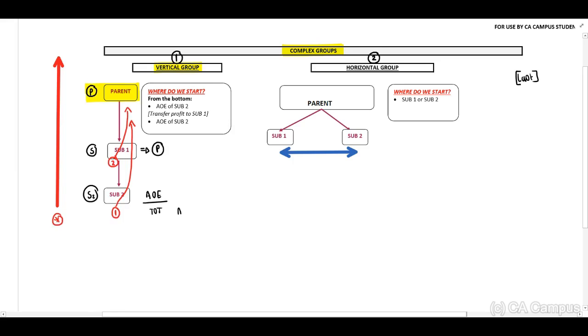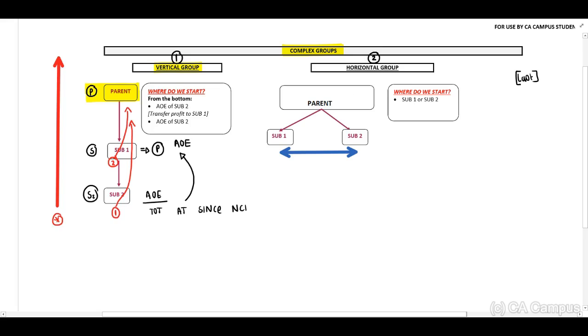You will have the at acquisition, your since acquisition column, and your NCI column. Okay. Now, do you then agree with me, guys? We need to include the relevant information from our analysis of owner's equity of subsidiary 2 into the analysis of owner's equity of subsidiary 1.